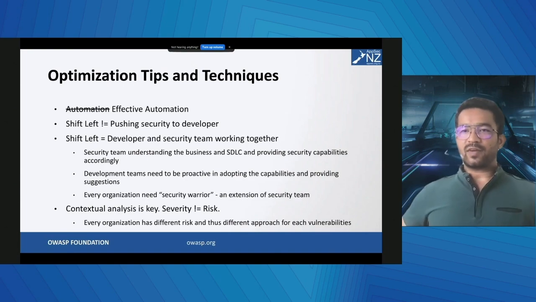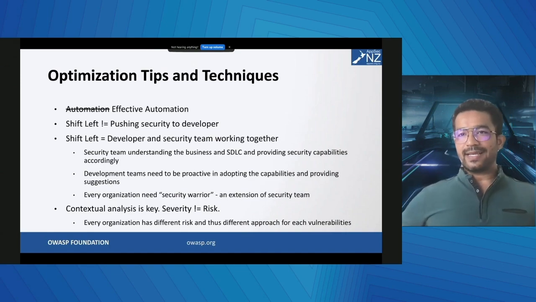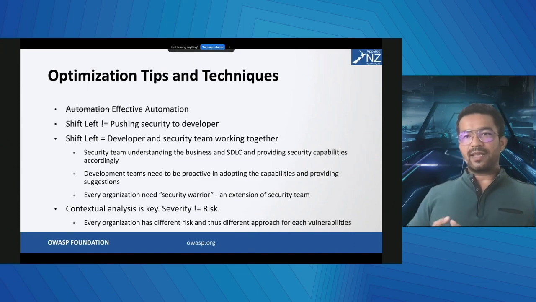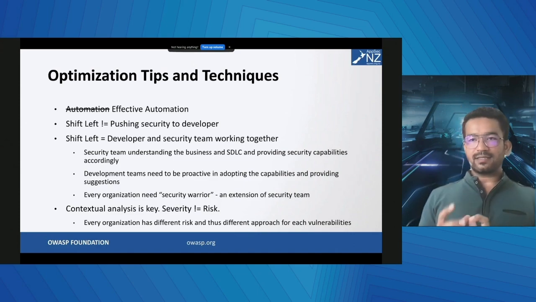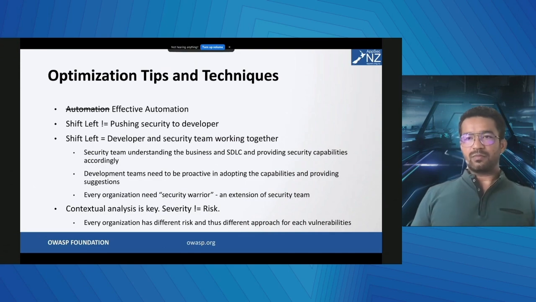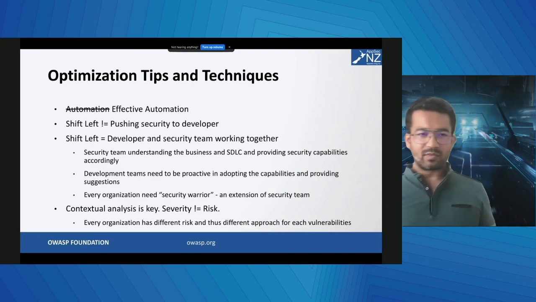That is the fundamental purpose of automation. So as an organization, always focus on effective automation. Is this automation making your team or your organization more efficient? As long as it does that, it is serving the purpose. We can't just do automation for the sake of doing automation.